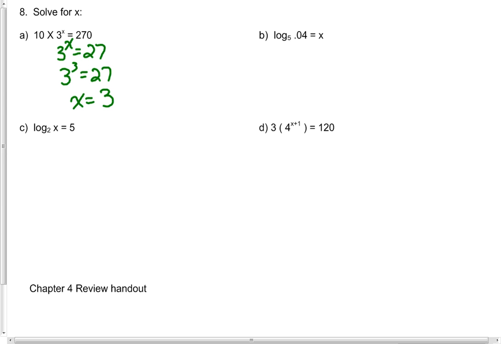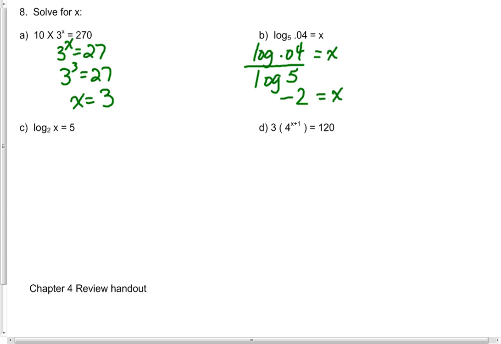Log base 5 of 0.04 equals x. There are two ways to solve this one. The first way is log 0.04 divided by log 5. Log of 0.04 divided by log of 5 is negative 2.